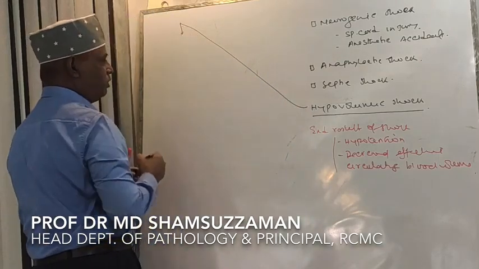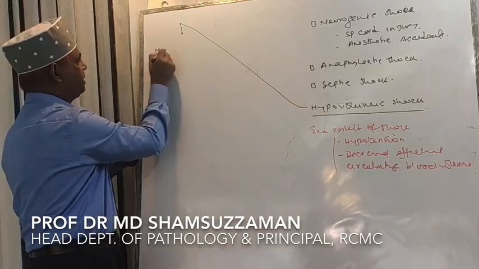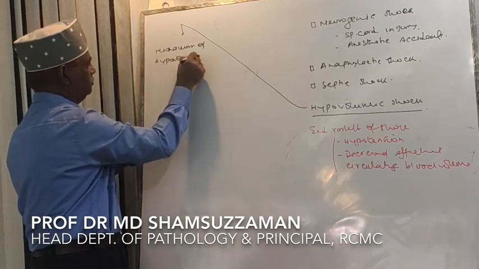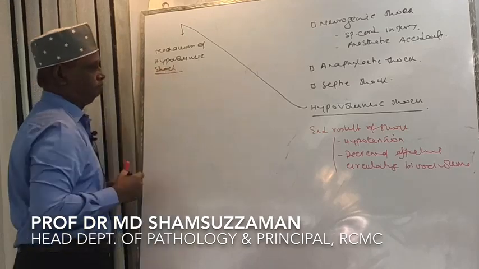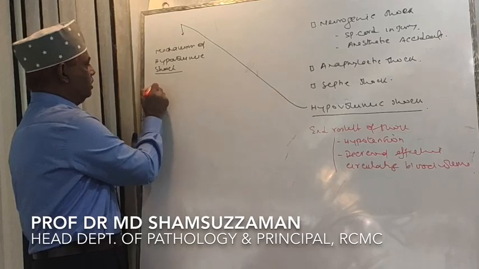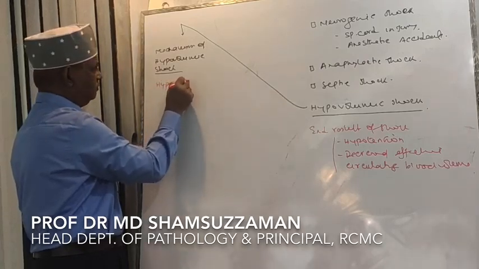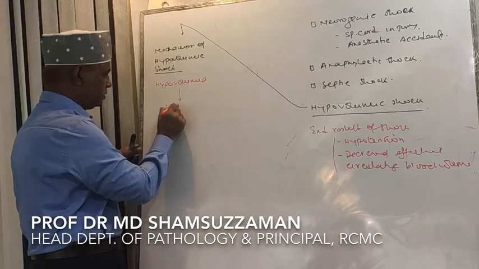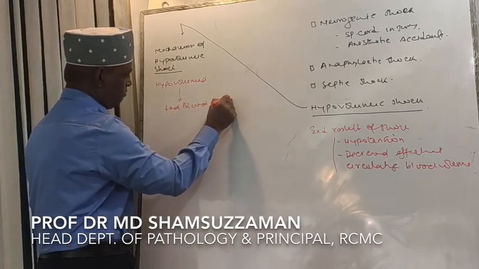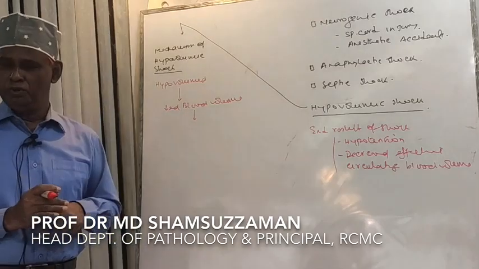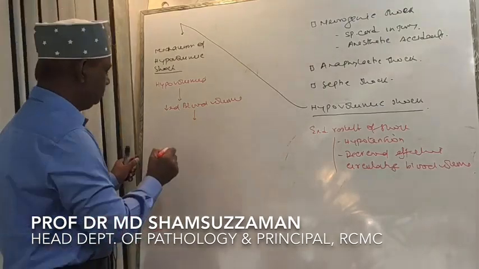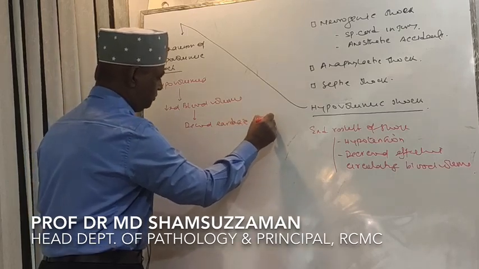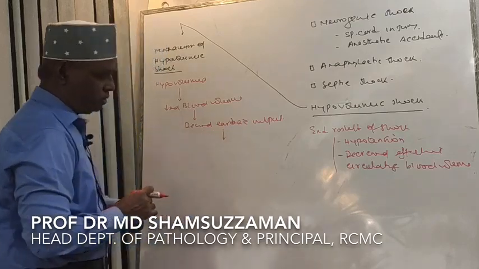What happens in hypovolemic shock? That is the mechanism of hypovolemic shock. Hypovolemia, that is decreased blood volume. If there is decreased blood volume, what will happen? There will be decreased cardiac output. If there is decreased cardiac output, what will happen?